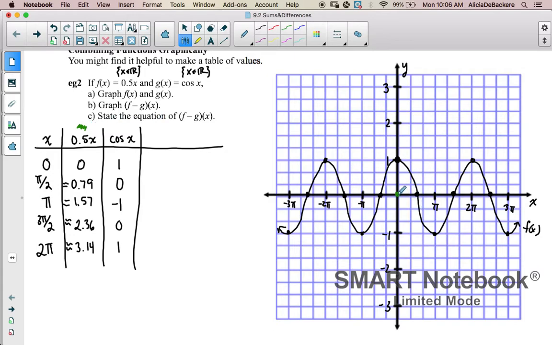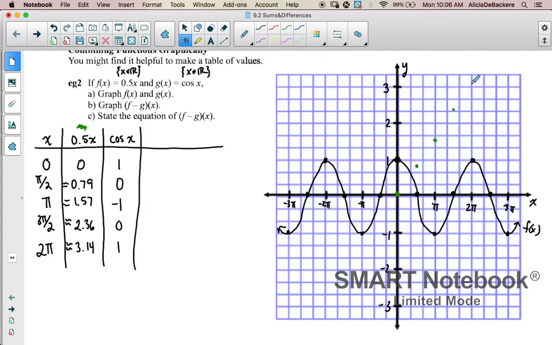So at 0, we're at 0, and then we're just going half the height of each one. So 0.79, it's going to be about here, and then half of pi, so 1.57, and then half of 3 pi by 2 is going to be about 2.36. And these guys should be ending up in a line here.